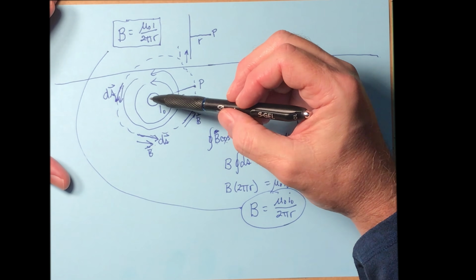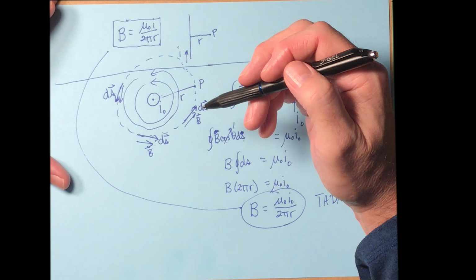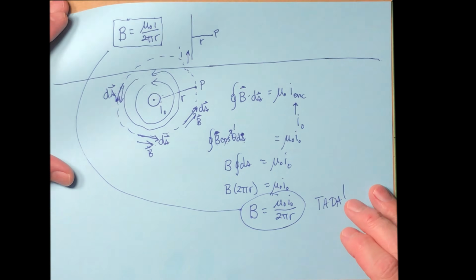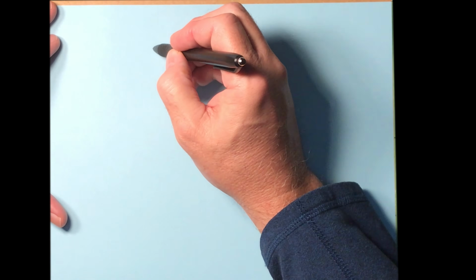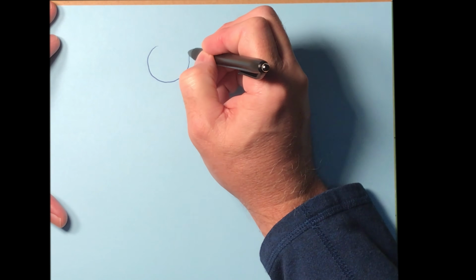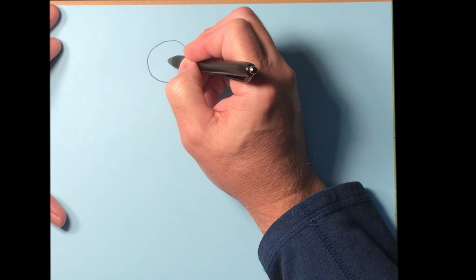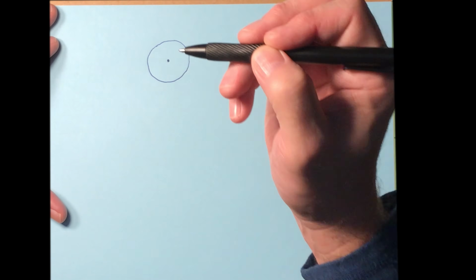What about if we go inside of the wire? Let's figure out the magnetic field inside of the wire. So once again, we've got a long straight wire. Now we've zoomed in, this is the wire, and the current is coming out.